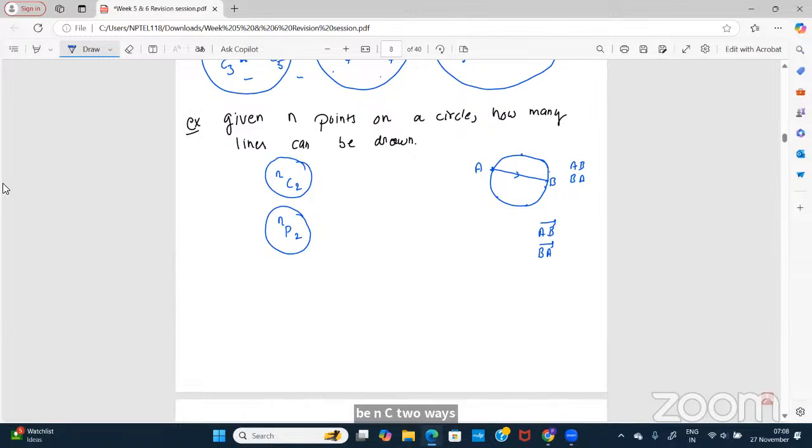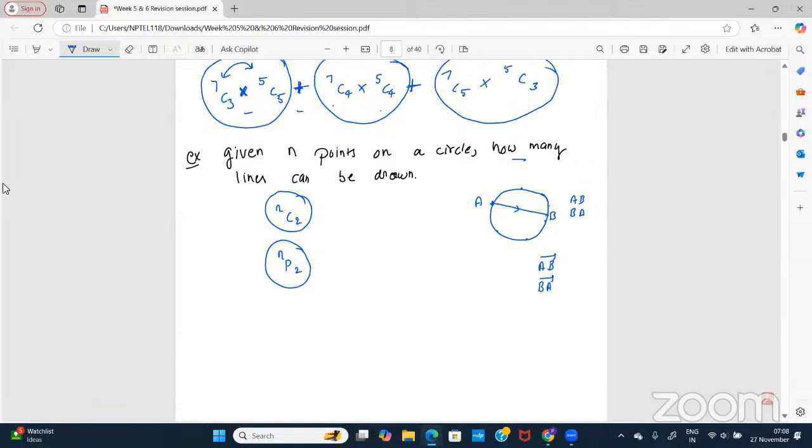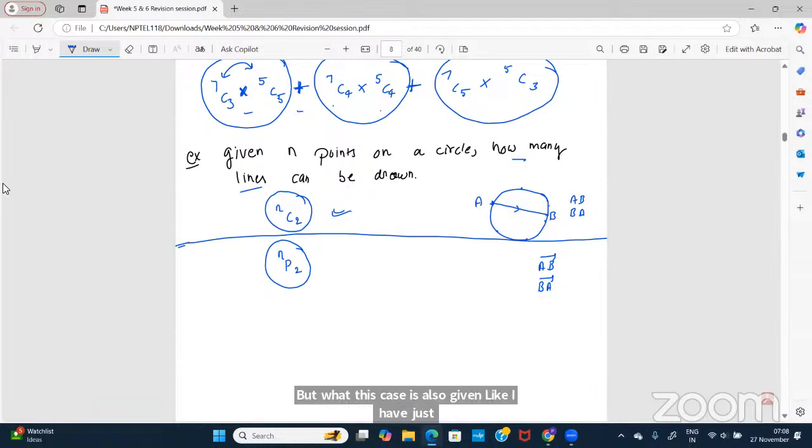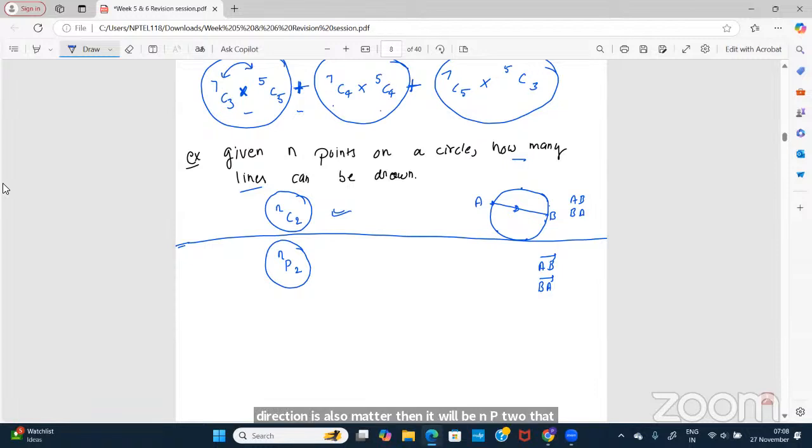Is it clear? Generally, if the question is just how many lines can be drawn, the answer will be nC2 only. But if the direction also matters, then it will be nP2, and we will use permutation. Is it clear now?